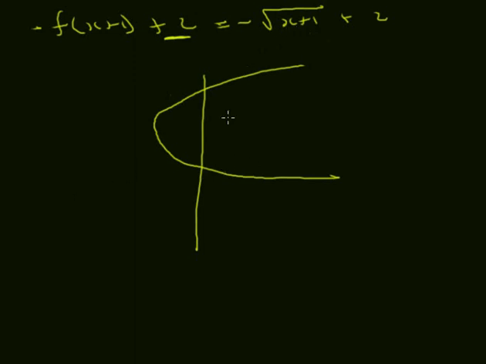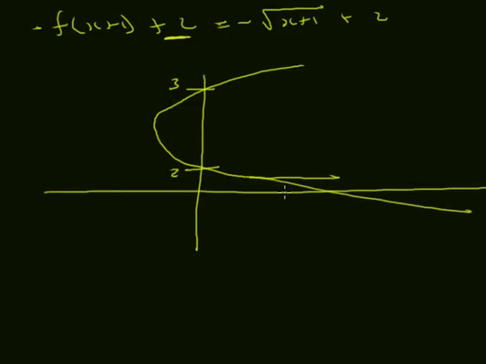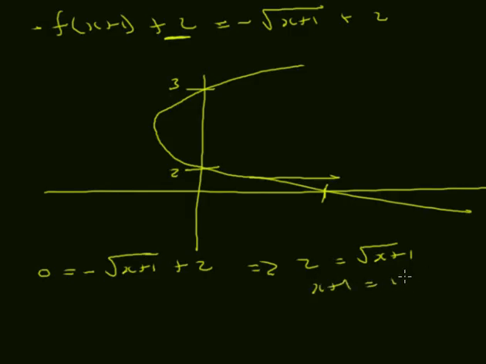So when x is 0, this will be 3, this will be 2, and the graph should cut somewhere. When y is 0, I'm computing the intercepts: 0 equals minus square root of x plus 1, plus 2. So 2 equals square root of x plus 1, and so x plus 1 equals 4.